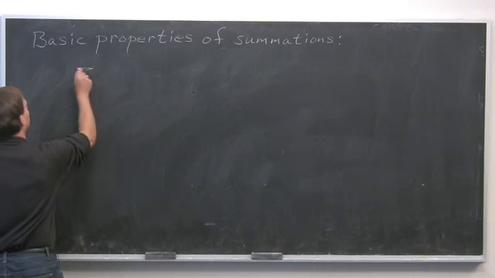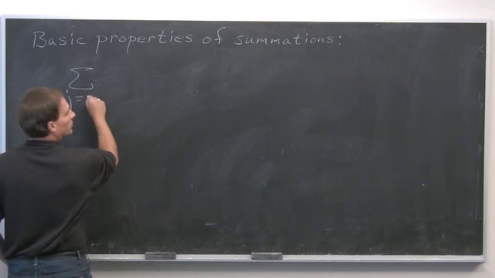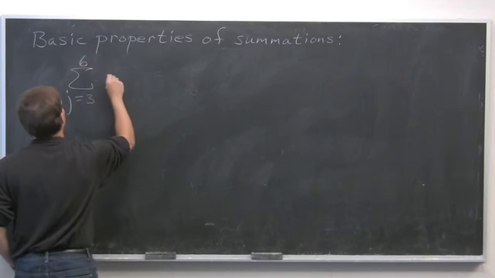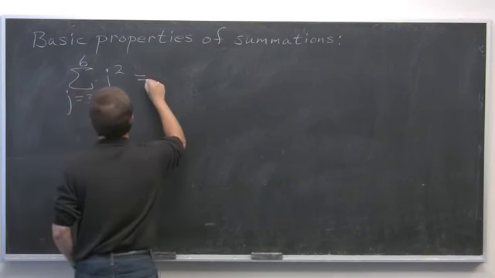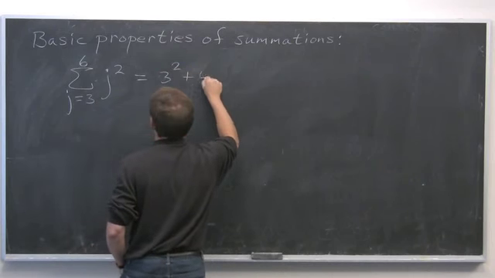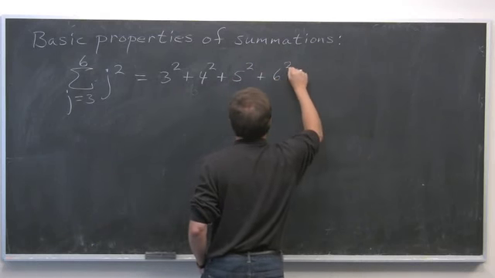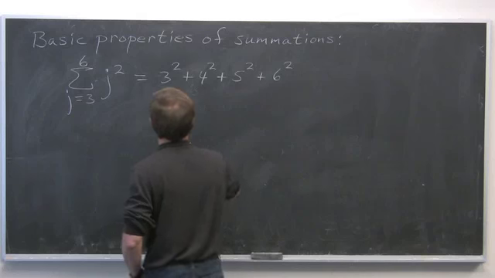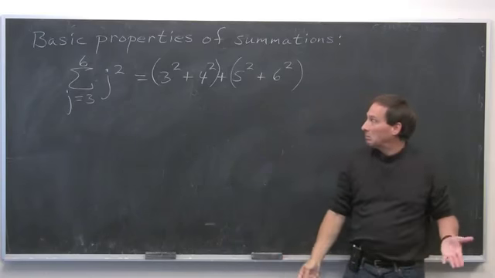So one of them, let me return to that example: the sum as j equals 3 to 6 of j squared. As we said, this is 3 squared plus 4 squared plus 5 squared plus 6 squared. But I could group that like this and like this if I wanted.